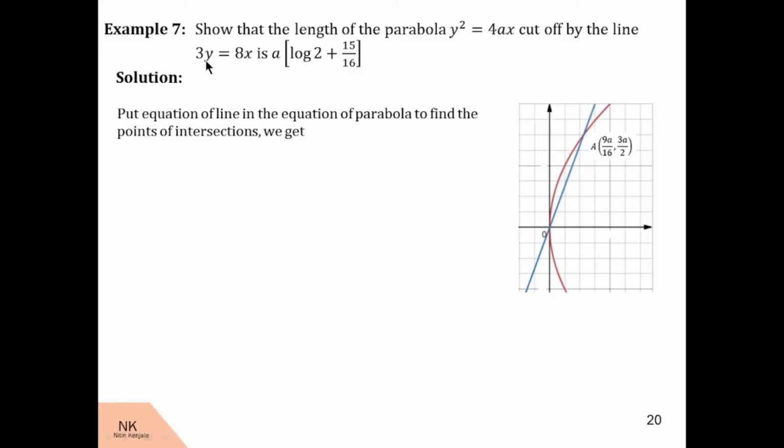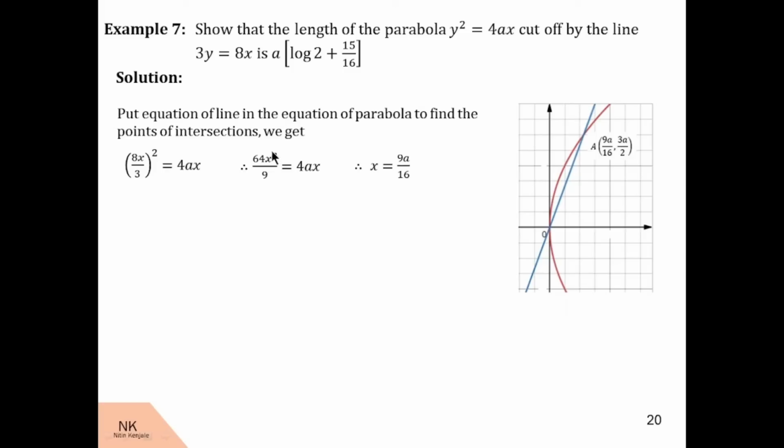So from here we get y is equal to 8x by 3, by substituting which into this equation we get 8x by 3 square is equal to 4ax. This 8x by 3 square is nothing but 64x square by 9, which simplifies to x is equal to 9a by 16.